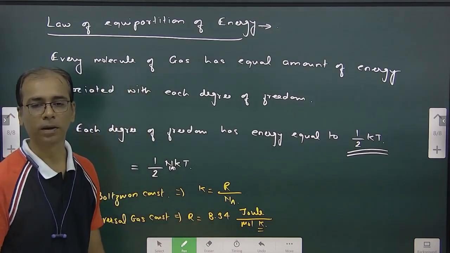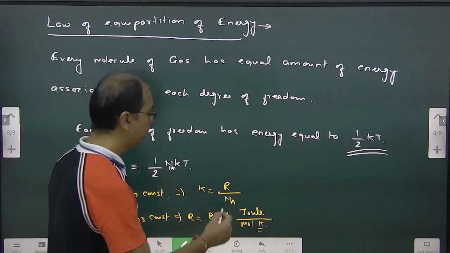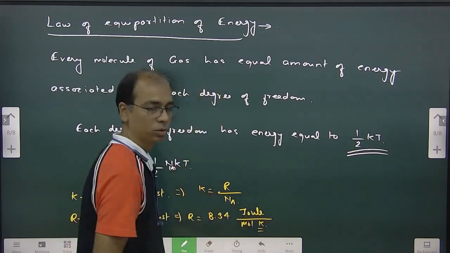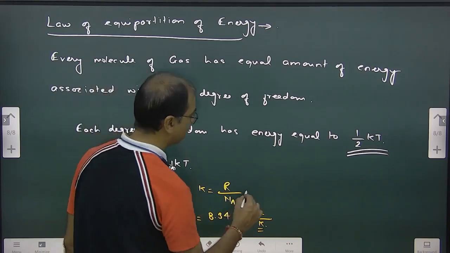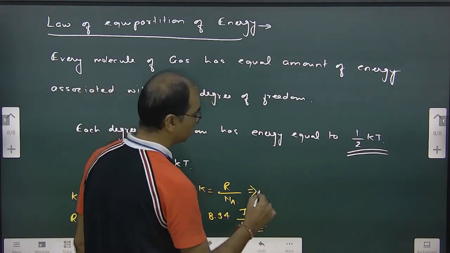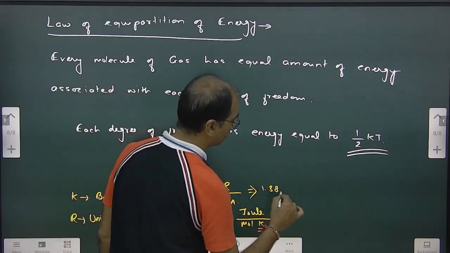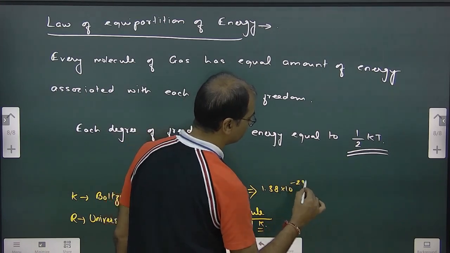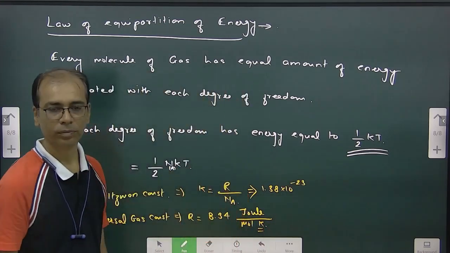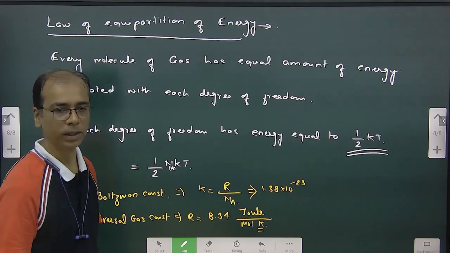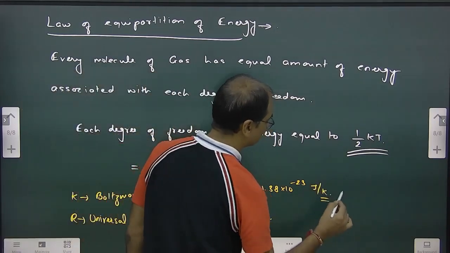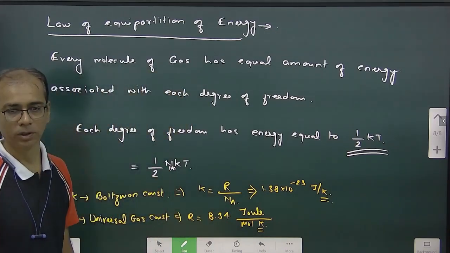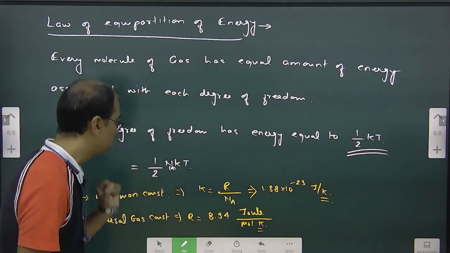That is the value of R. For k, if you keep the value of Na, which is 6.023 into 10 to the power 23, then its value will come 1.38 into 10 to the power minus 23 joule per Kelvin. That's the Boltzmann constant.